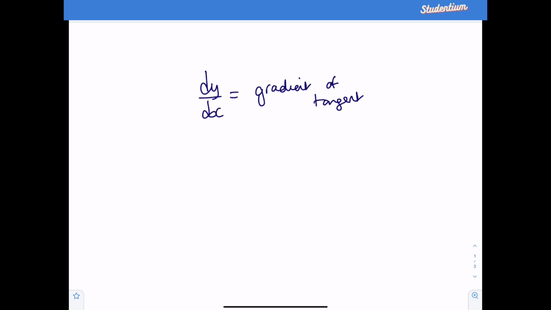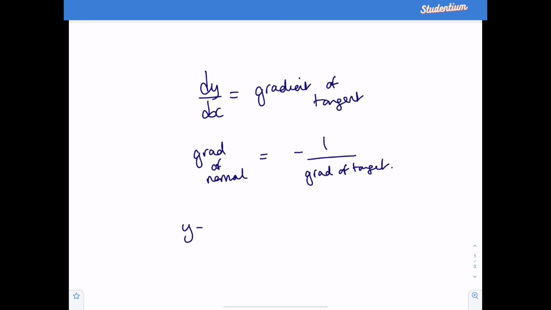Then we need to know that the gradient of a normal, because it's perpendicular to a tangent, is just equal to the negative reciprocal of the tangent's gradient. And finally, because the tangent and the normal are simply straight lines, we need to know the general equation of a straight line, that y minus y1 equals m(x minus x1). Really, that is all of the facts that you need to know to do those questions.